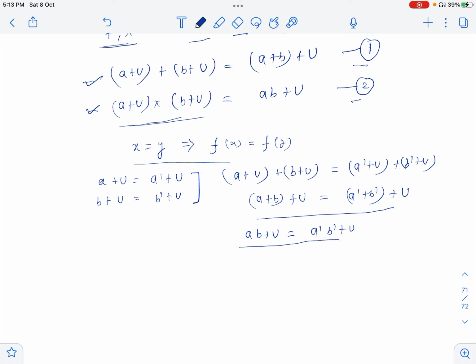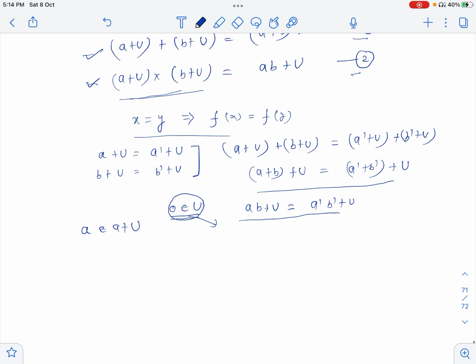So we know that a belongs to a plus U. Why? Because 0 belongs to U, since U is an ideal and also a subring, and it is a property of a subring that 0 belongs to it, or this you can separately prove that a subring contains 0.